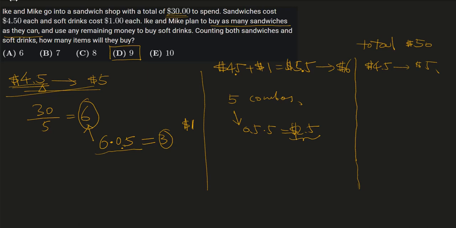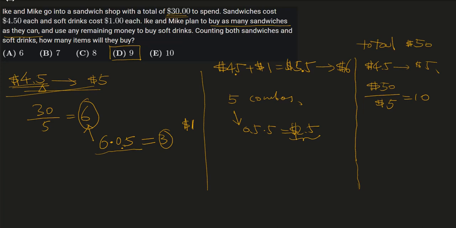Then let's assume that everything stays the same as the original problem. In that case, we know that with $50, right, we can buy 10 combos, right? That's $50 divided by 5. That equals 10. We can buy 10 sandwiches.